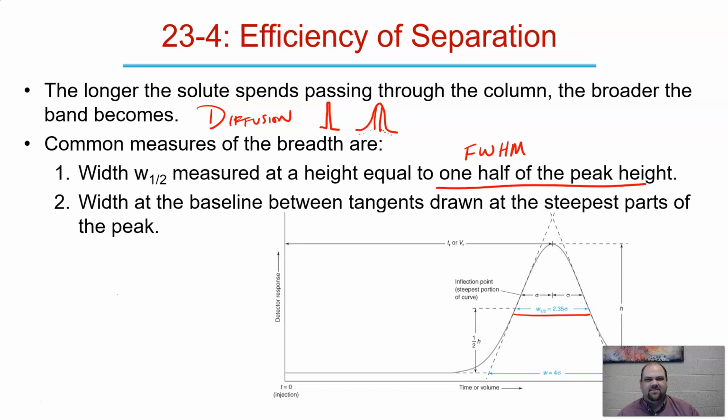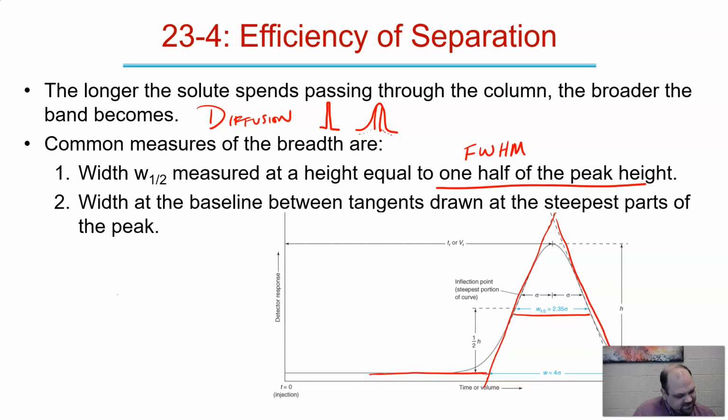The other method, and really my preferred method, is to take the slope of the peak, that linear part of the peak, and just go all the way down to the baseline. Here's our baseline. Extend that all the way across, and then we're going to do the same on the other side.